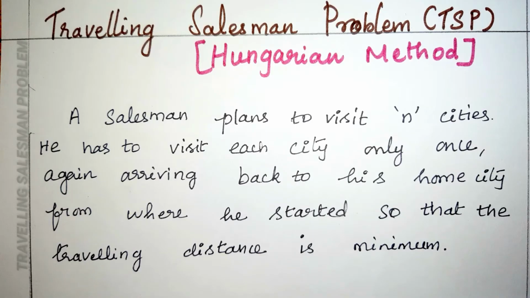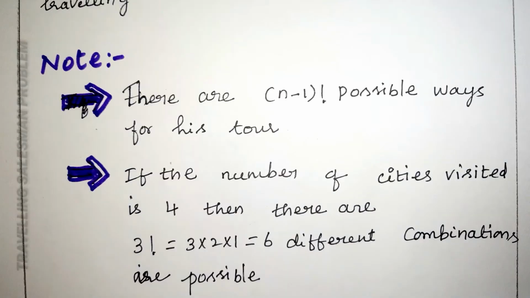In this video, I am going to discuss the traveling salesman problem. A salesman plans to visit n cities. He has to visit each city exactly once, again arriving back to his home city from where he started, so that the traveling distance is minimum and the traveling cost is also minimum.